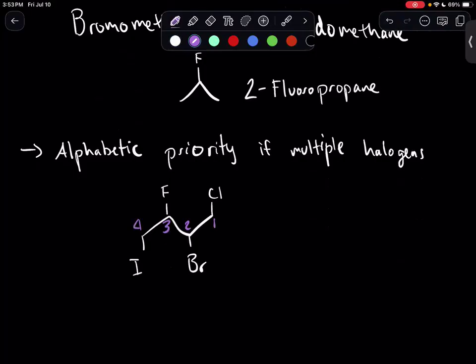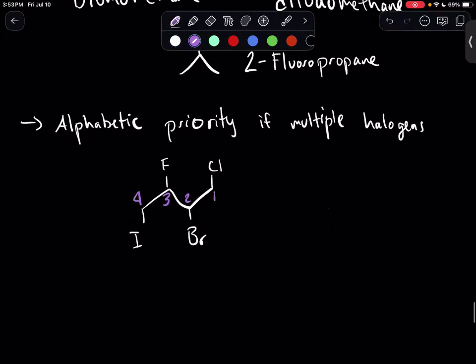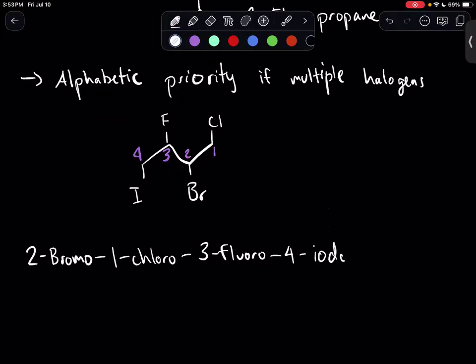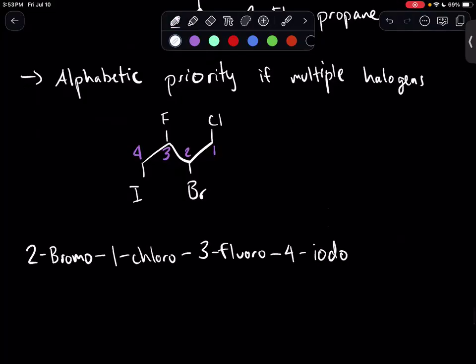And so we're going to number this way so that bromine is the lowest. We're also now going to list them in alphabetical order. So this is going to be 2-bromo. Then we're going to move to our next alphabetical, chlorine, 1-chloro, 3-fluoro, 4-iodo, butane.